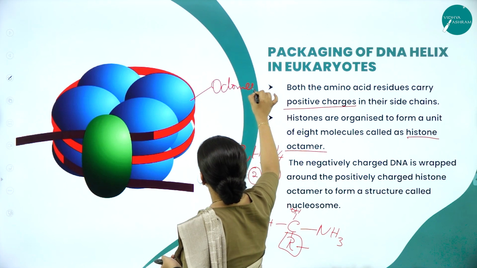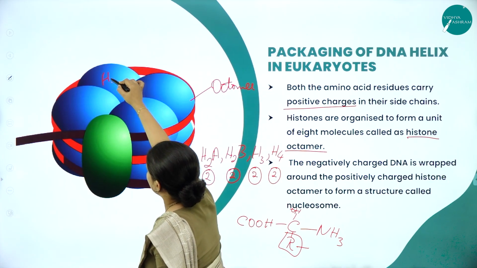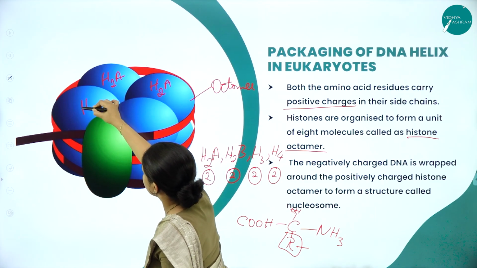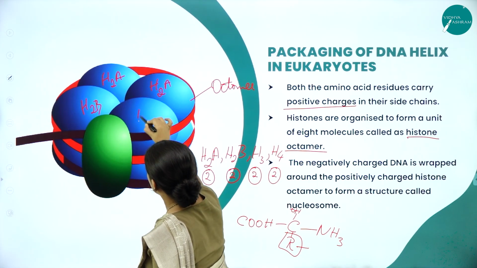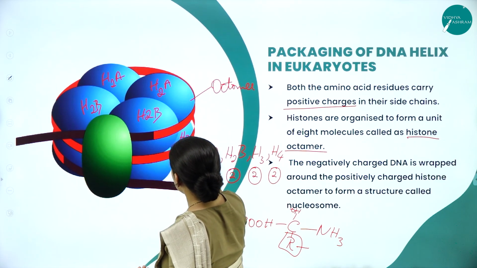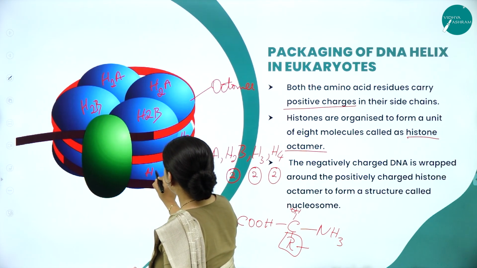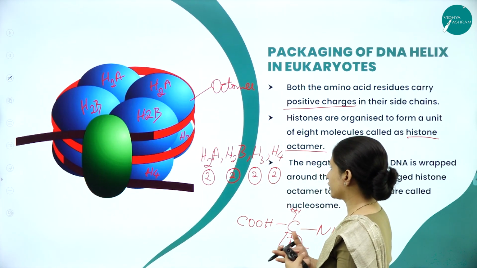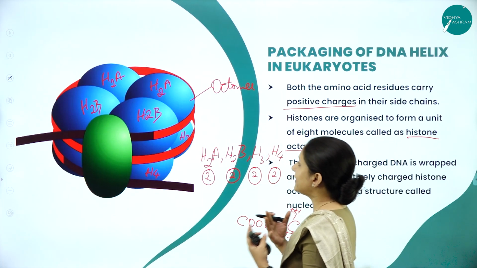So this is an octamer arrangement. Say for example, we have H2A, one more H2A, then we have H2B, one more H2B. Here there is an H3, one more H3. Here we have an H4, one more H4, behind. So it is an octamer.